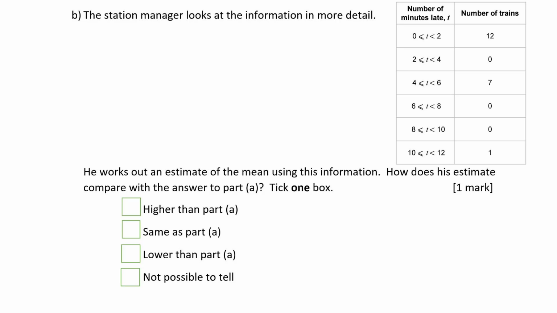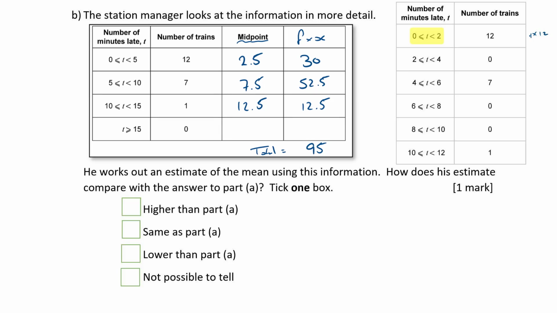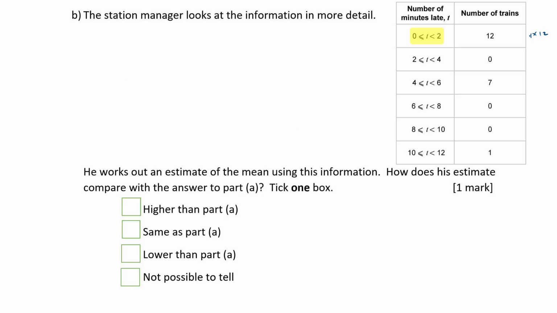Okay, so if I look at our new data, I've got 12 trains, which is the vast majority of them, that before I thought were in the category 0 to 5, and now I've worked out in the category 0 to 2. So these are going to have a mid-value of about 1, aren't they? Giving me 1 times 12 there. And then the second category up here, I thought I had 7 trains that were in between 5 and 10 minutes late, giving me a midpoint of 7.5.